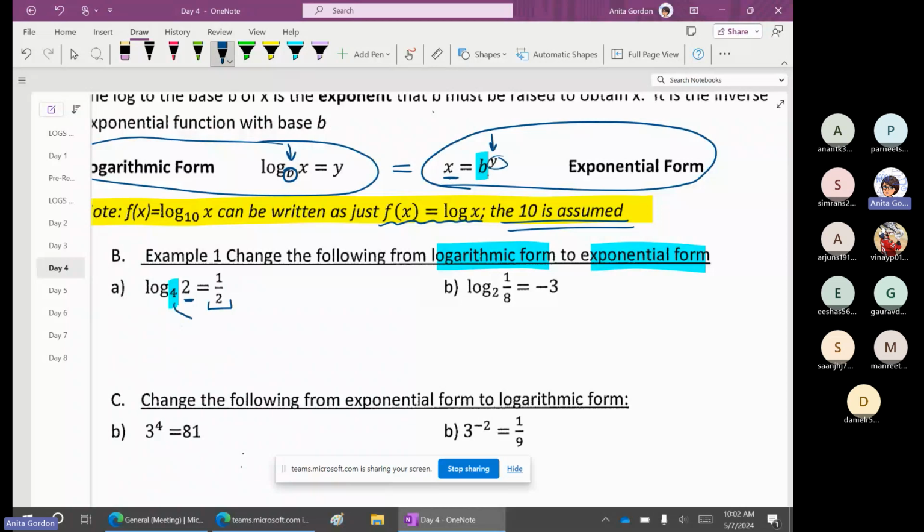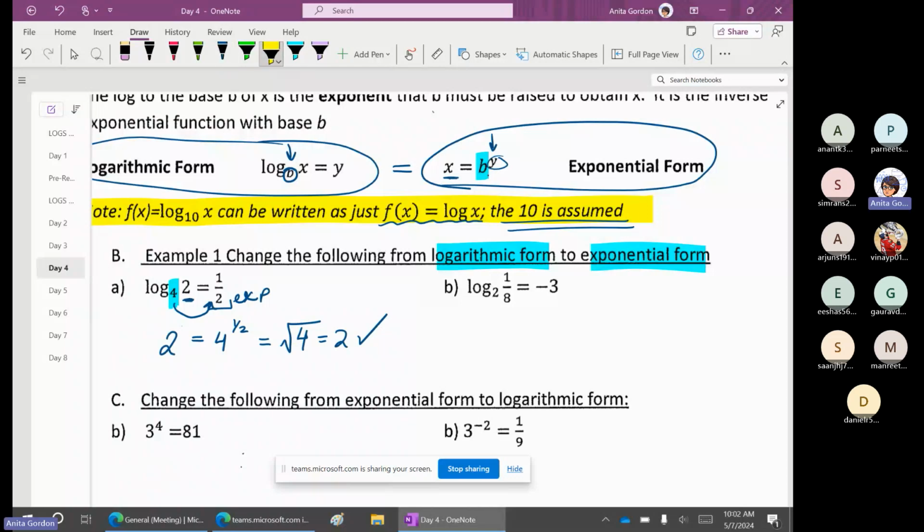So I'm taking this base and putting it here. This becomes the exponent, and this becomes the result. So this is 2 equals 4 to the power 1/2. And if we remember our exponent rules, whenever we have a fraction in the exponent, this actually represents a square root. The square root of 4 is 2, so that's correct.